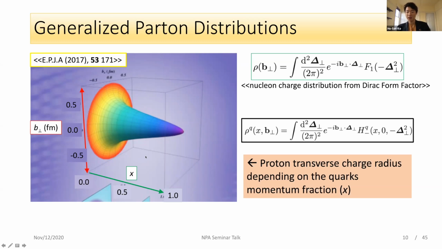This shows that the fast-moving quarks are mostly concentrated at the center, and slow-moving quarks and sea quarks are around the edge of the nucleon. So these are only a few features of the GPDs, and it needs more experimental data to actually extract them.